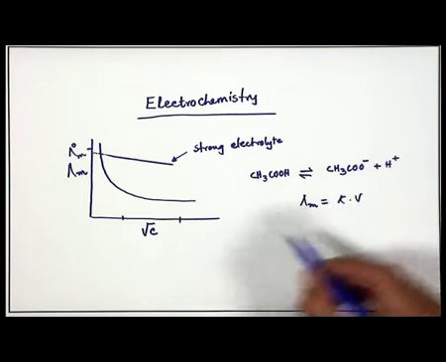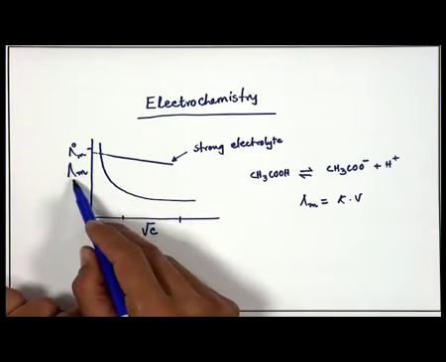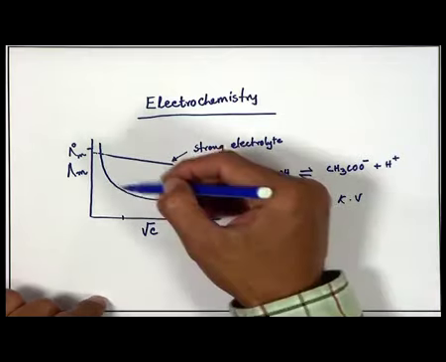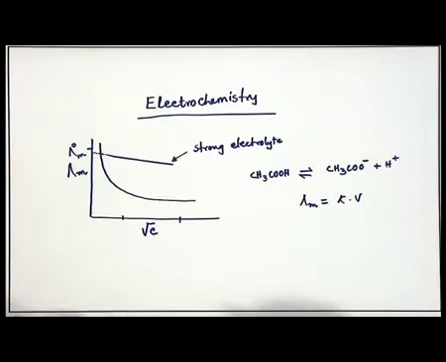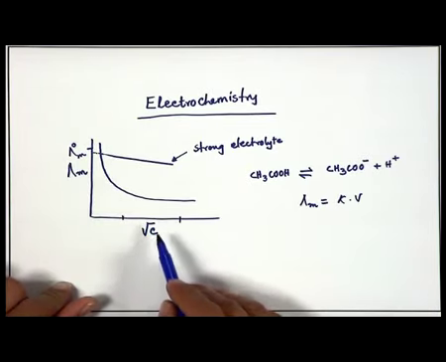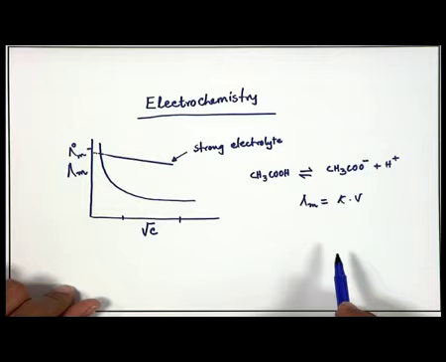So, lambda m keeps on increasing as a function of dilution, but it does not follow a linear trend; a non-linear curve like this is followed. Therefore, direct extrapolation of this lambda versus square root of c expression is not good enough to find out the lambda m 0, that is, the limiting molar conductance value for a weak electrolyte.